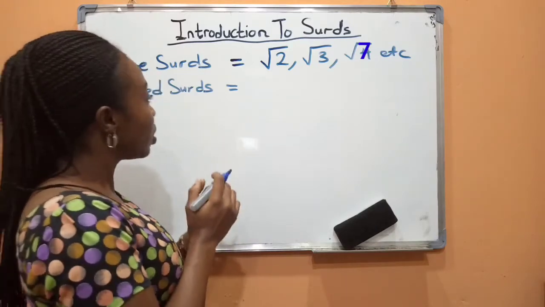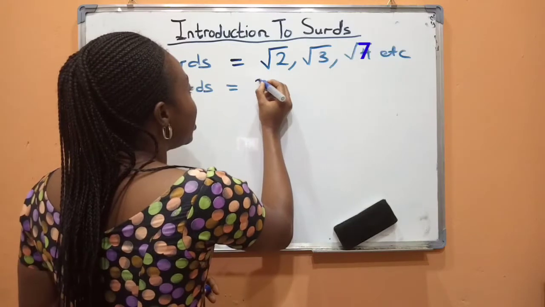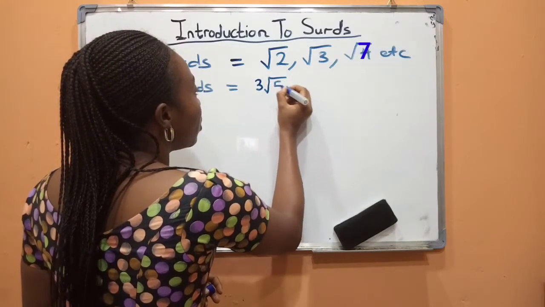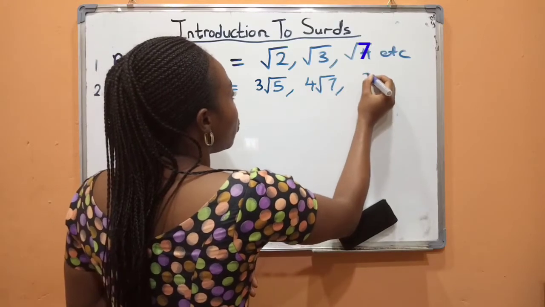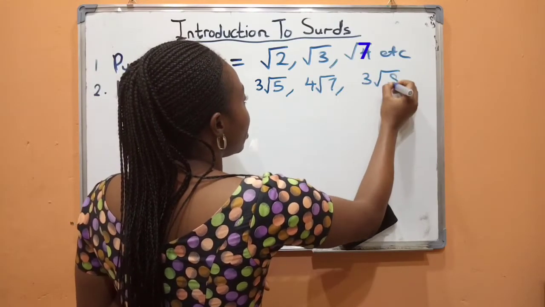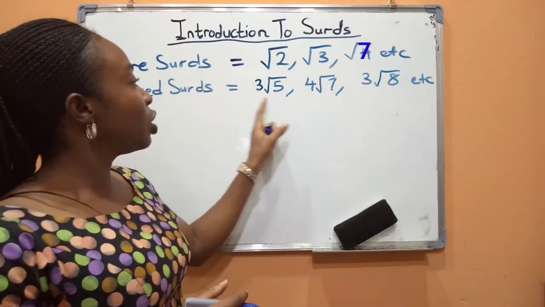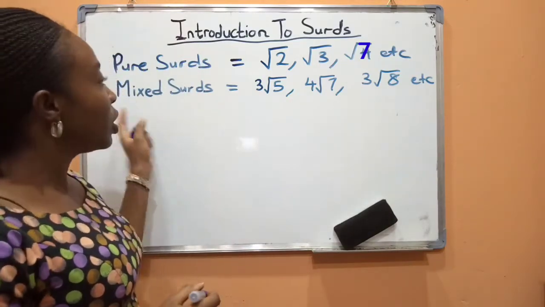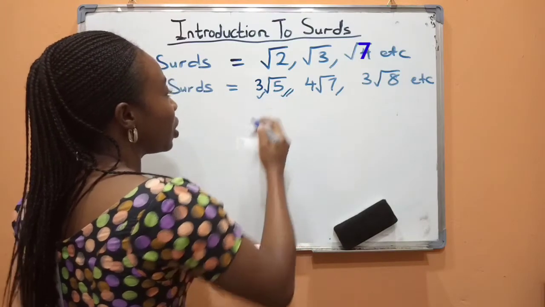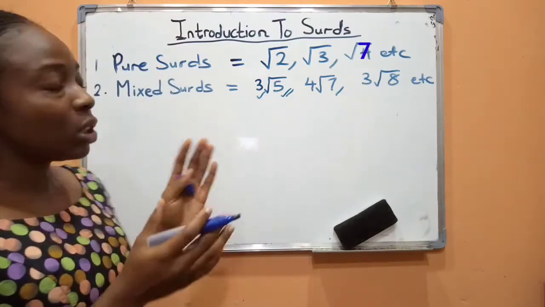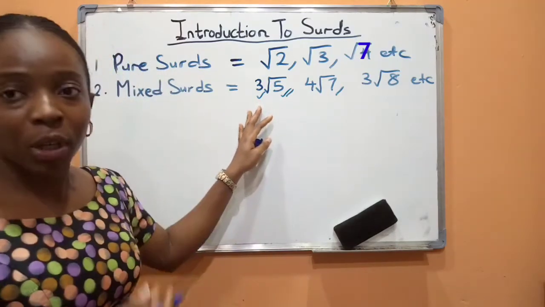You're going to have something like this: 3 root 5, 4 root 7, 3 root 8, and so on. When you have something like this, it is referred to as a mixed surd. We have the roots here and we equally have a rational number. So a mixed surd is a combination of the root and the rational number.